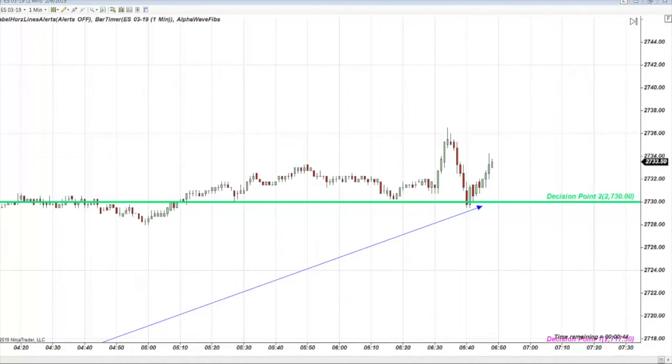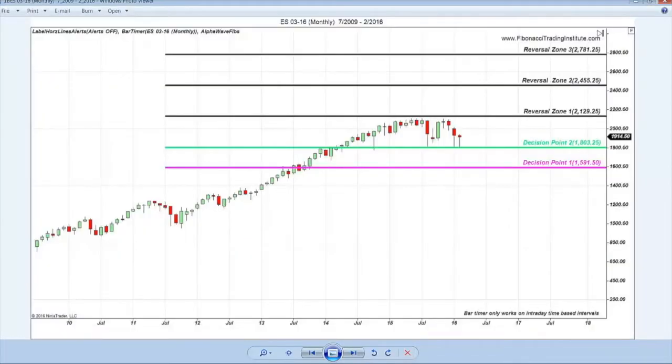If I take a look at S&P long-term charts, these are the events of 2016. The famous 1800 number, respected since 2014.